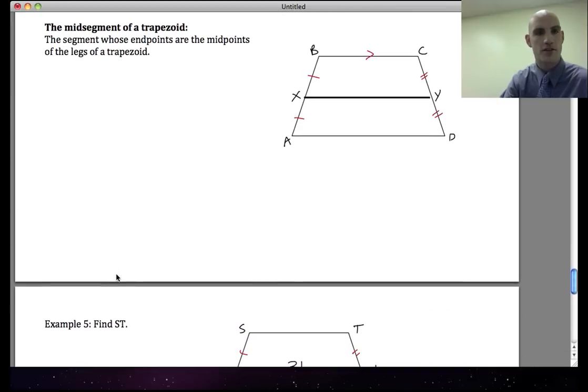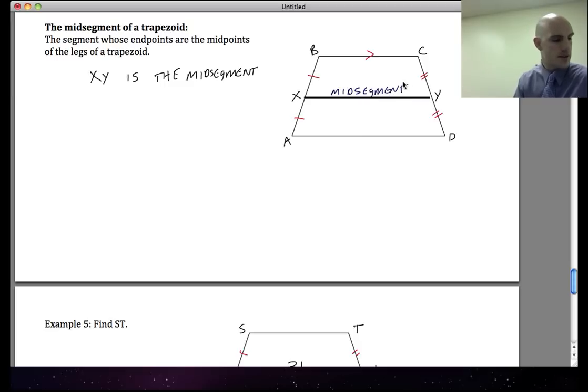The mid-segment of a trapezoid is the segment whose endpoints are the midpoints of the legs of the trapezoid. So notice, XY is the mid-segment. I will label it mid-segment. Okay? That's the mid-segment.